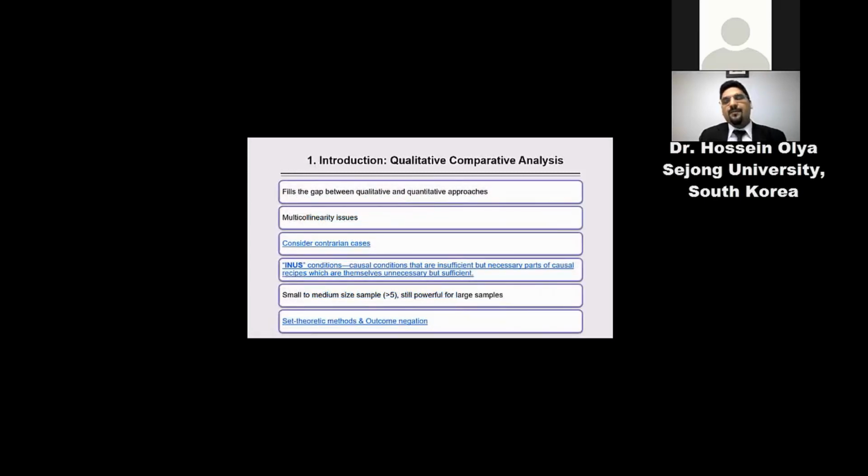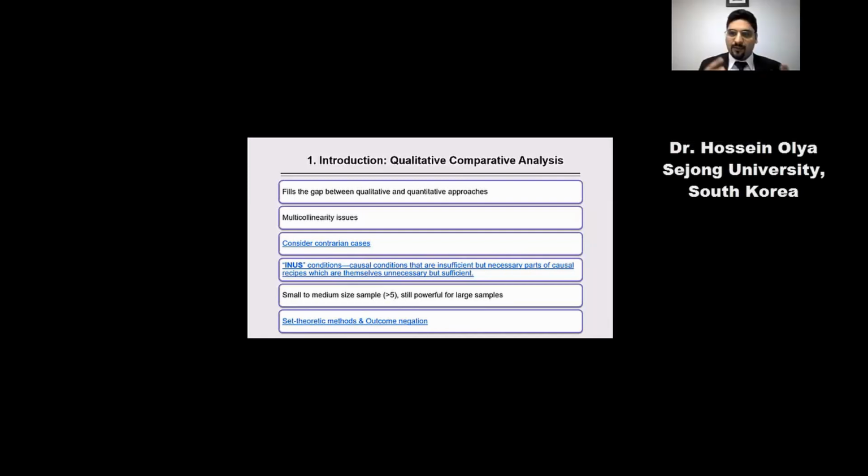As the introduction, I can tell you that this qualitative comparative analysis, which includes several approaches I will explain, actually fills the gulf between qualitative and quantitative approaches. All researchers know that we always have a fight and arguments between researchers who use the qualitative approach and those who use the quantitative approach.